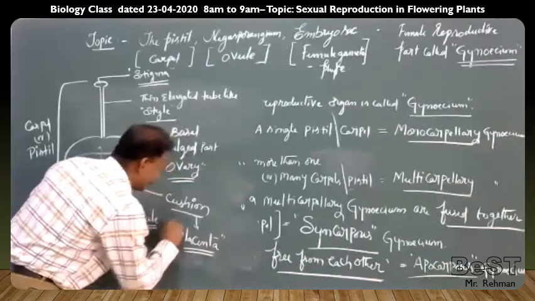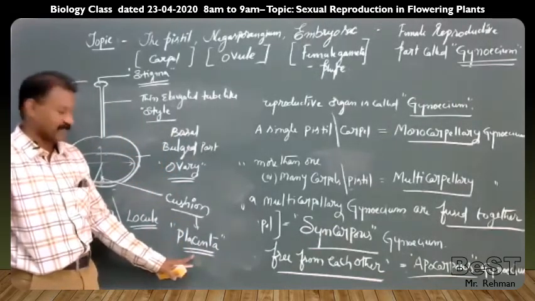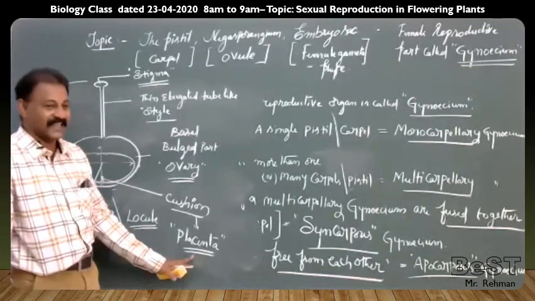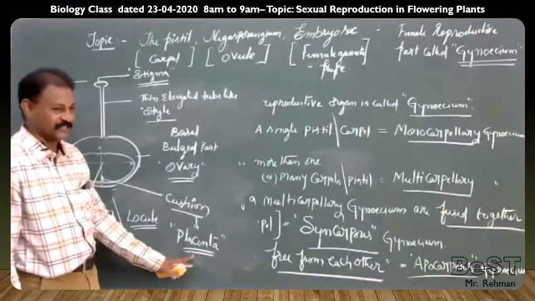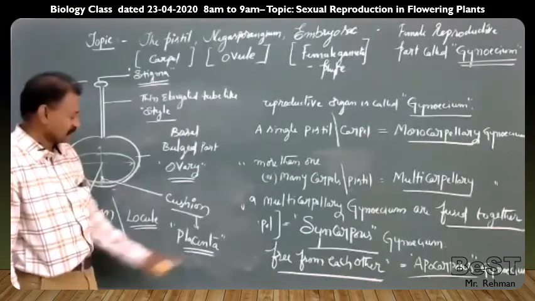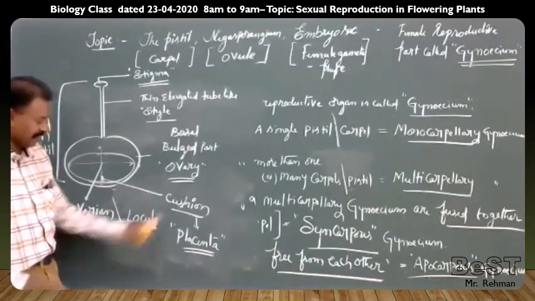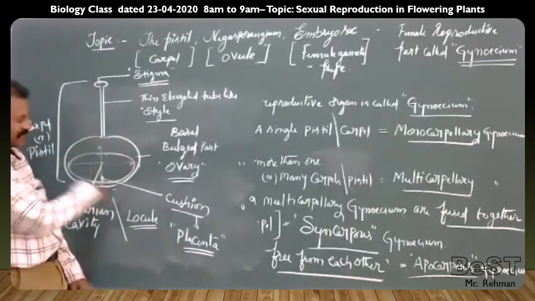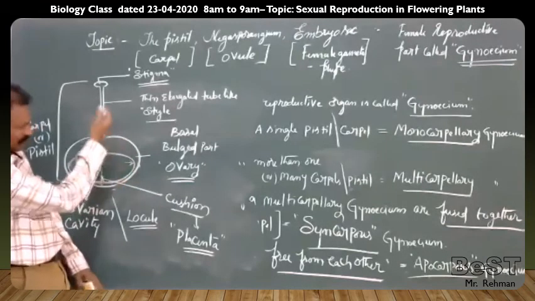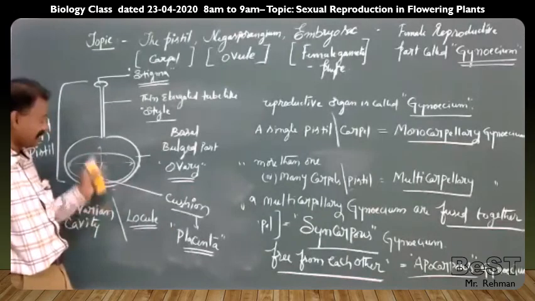We have studied in the earlier class various types of placenta and placentations: marginal, parietal, axial, free central, superficial, basal. So, in the locule or ovarian cavity, placenta is present anywhere, maybe in the margins, in the basal part, or in the superficial part, parietal part, central part.